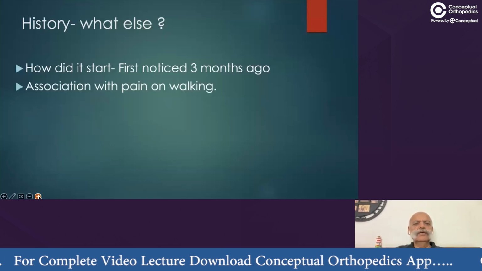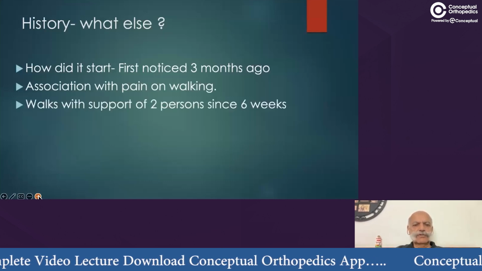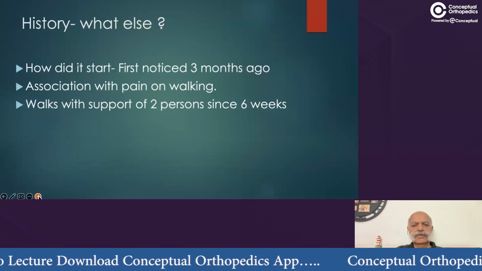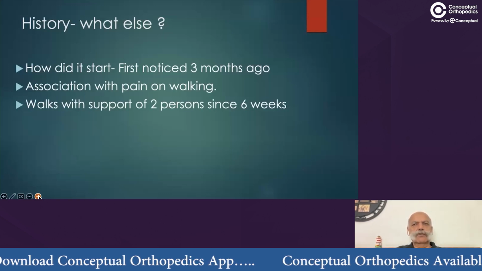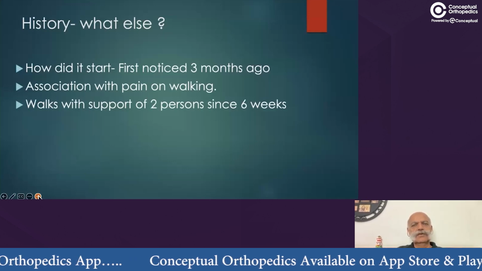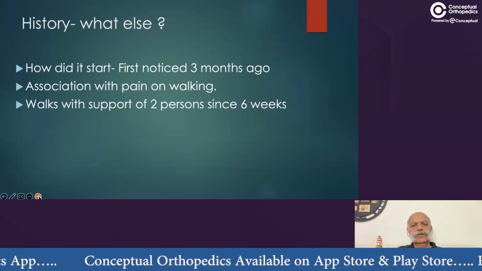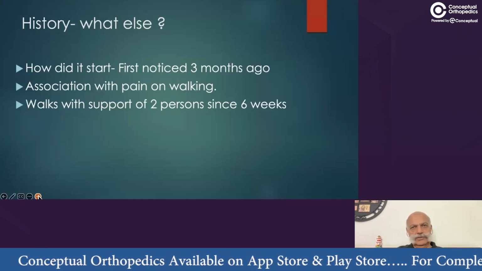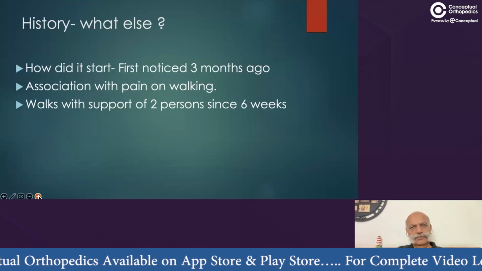So let us see. We have already listed association with pain, and our patient was having a lot of pain, so much so that he said he is only able to walk if he takes support of 2 persons for the last 6 weeks.